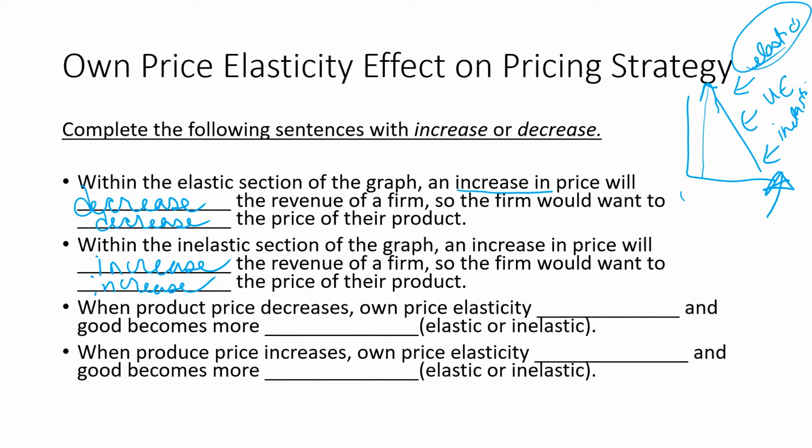Okay? When the product price decreases, own price elasticity, so remember we have our price over here. So as price is decreasing, the elasticity, so on each of these points as it's decreasing, the own price elasticity is also decreasing.